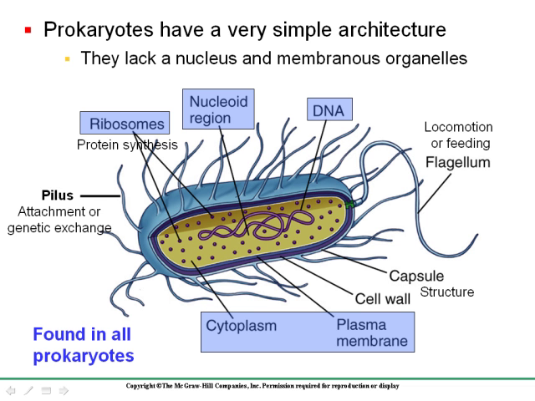This is a whip-like structure that extends from the cell. And the flagellum would be important for movement or locomotion, or also for feeding. And finally, you also have something called a pilus. This specific structure is for attachment, or could also be used for genetic exchange.